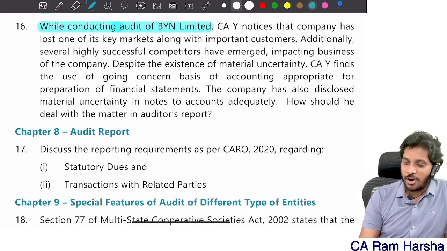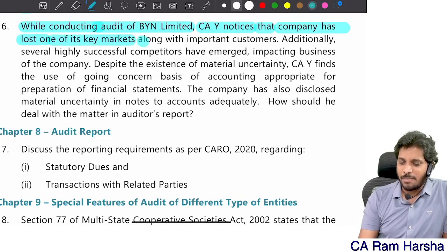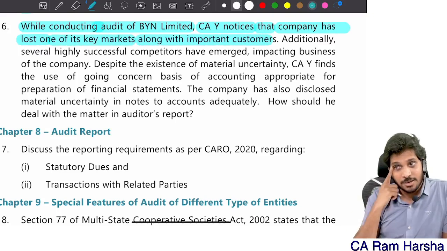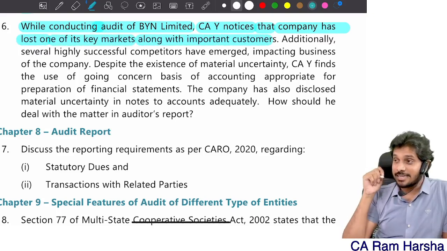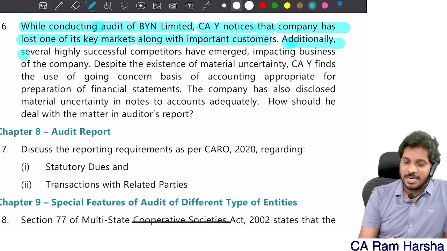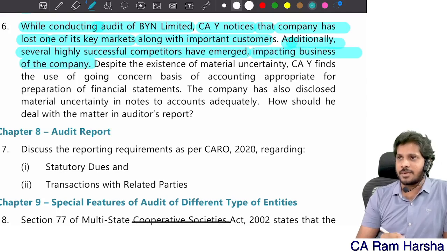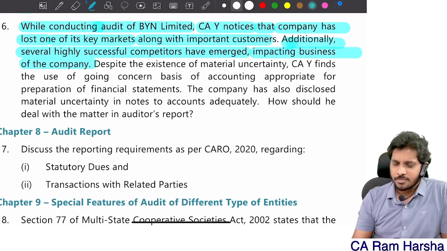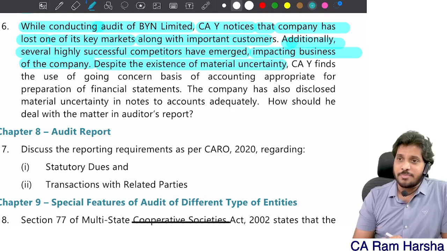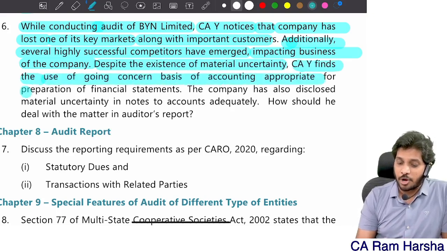While conducting audit of BYN Limited, the auditor notices that the company has lost one of its key markets along with important customers. Operating indicator in going concern. Additionally, several highly successful competitors have emerged, impacting the business of the company. Operating indicator. Despite the existence of material uncertainty, the auditor finds the use of going concern basis is appropriate for preparation.